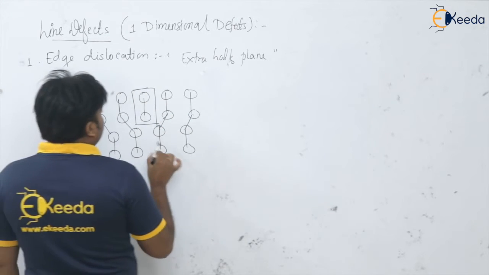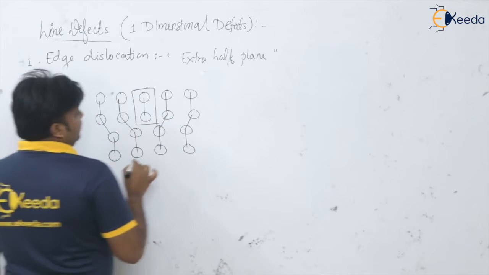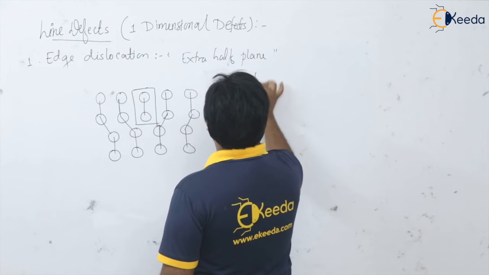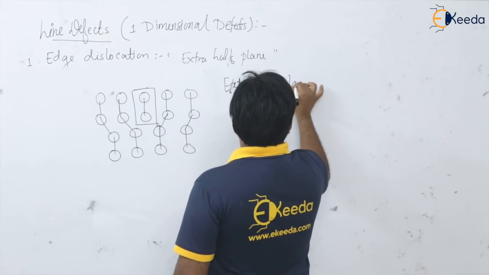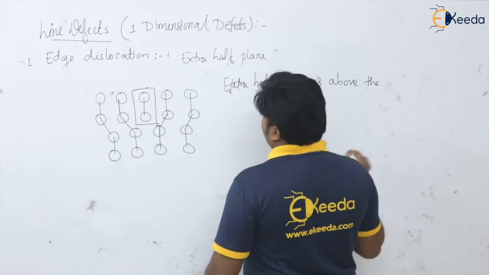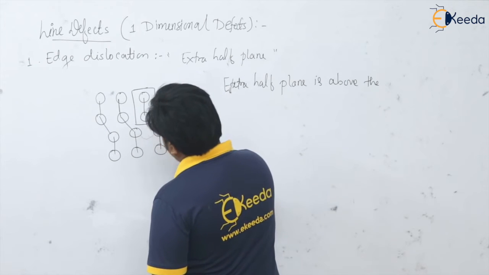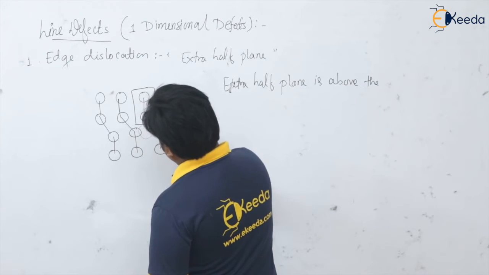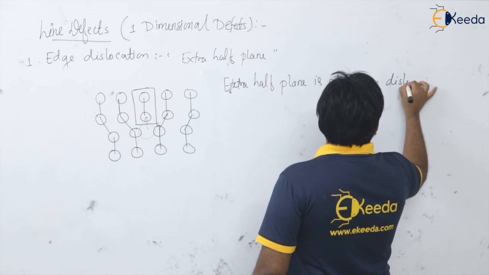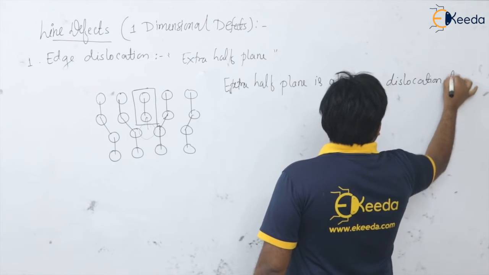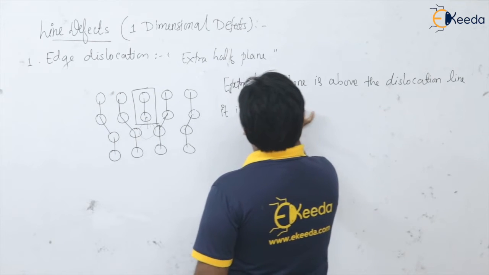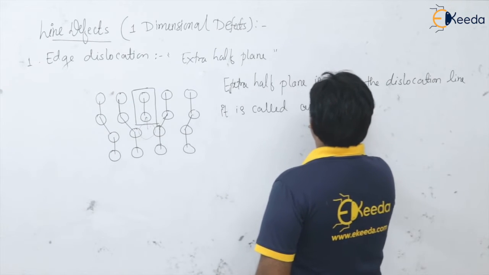And see, whenever this extra half plane, please remember, is above the dislocation line, or this is the dislocation site, this extra half is above this dislocation line, it is called positive dislocation.